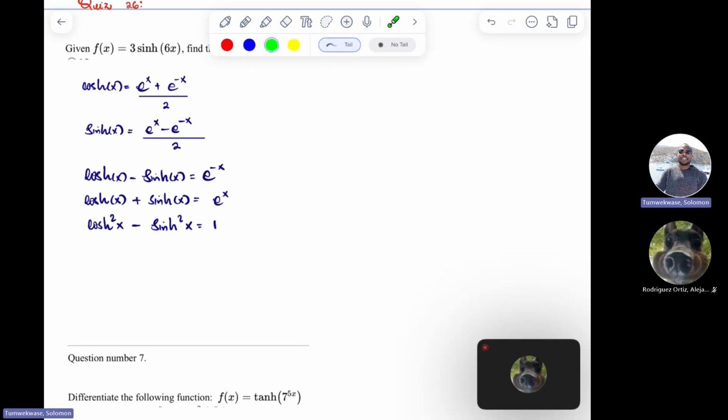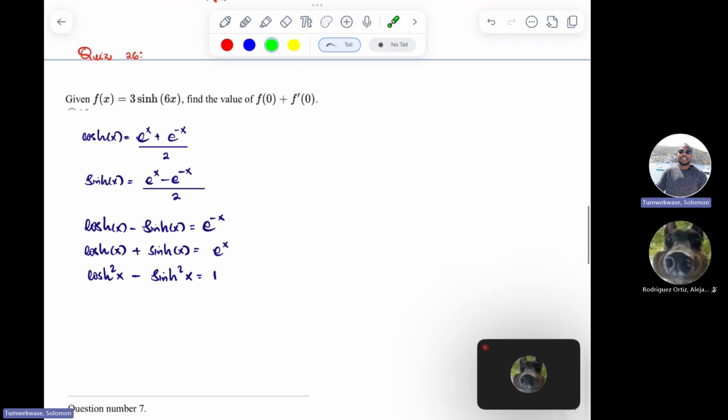Once again, it is good to remember those derivatives, but if you can't, and you remember these two expressions, we know how to take the derivative of an exponential, so you can always substitute their equivalents and take those derivatives. Okay, for this particular question, we have that f of x is 3 sine hyperbolic of 6x.